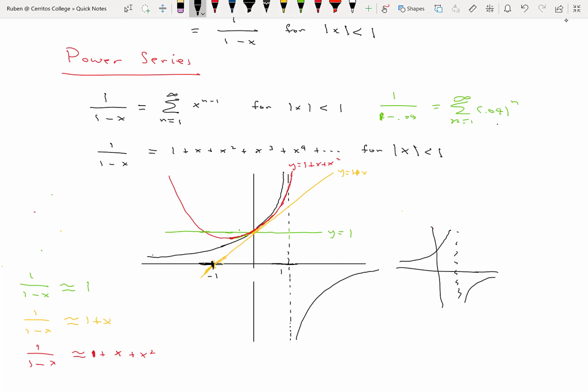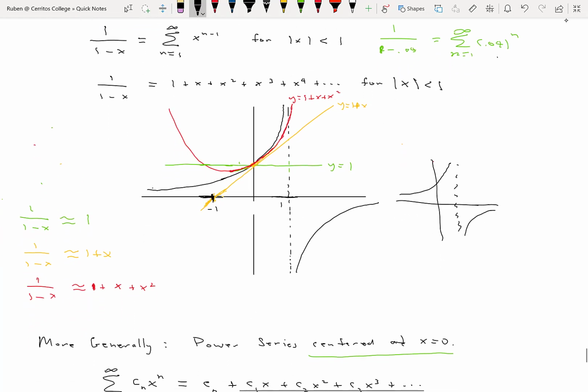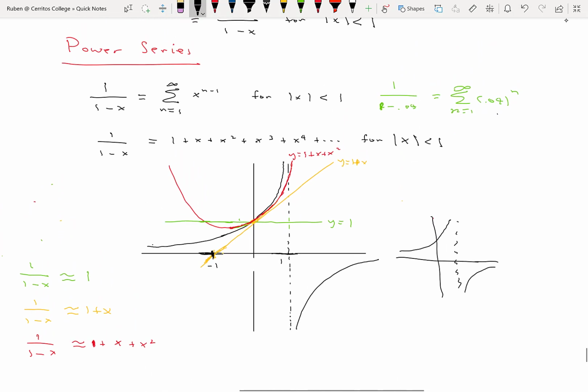Okay. Also important to notice is that these approximating polynomials, the green 1, the yellow 1 plus x, or the red 1 plus x plus x squared, are only valid in the interval where the original power series converges.